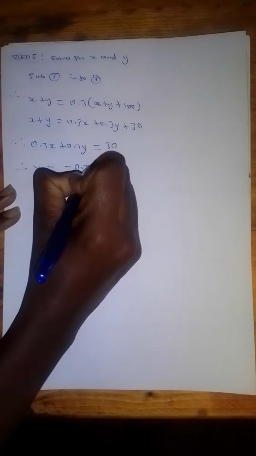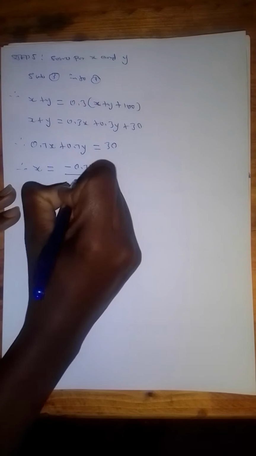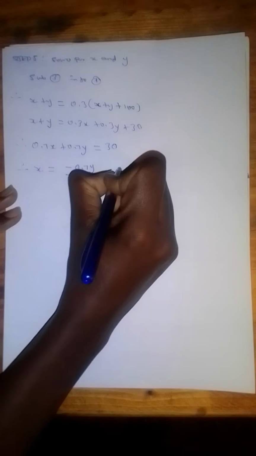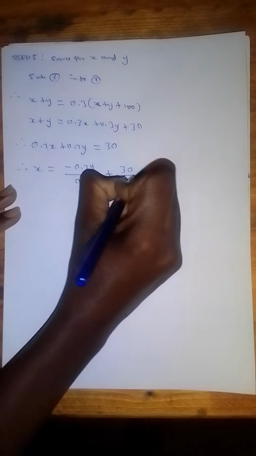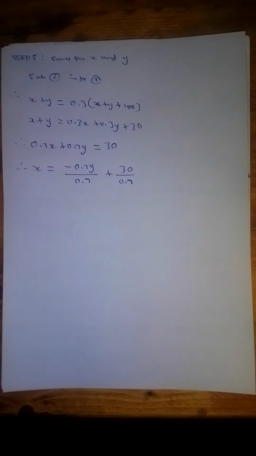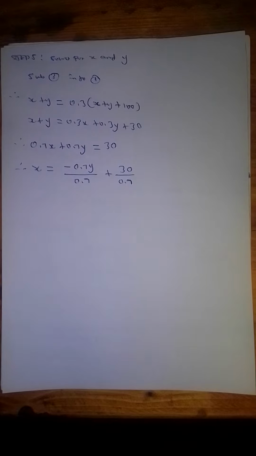Now when you make x the subject of the formula, it becomes x equals minus 0.7y, which goes to that side and changes the sign, all over 0.7, plus 30 all over 0.7. It's clearer to see here that we moved 0.7y to that side and divided by 0.7, just to make sure that x is the subject of the formula.